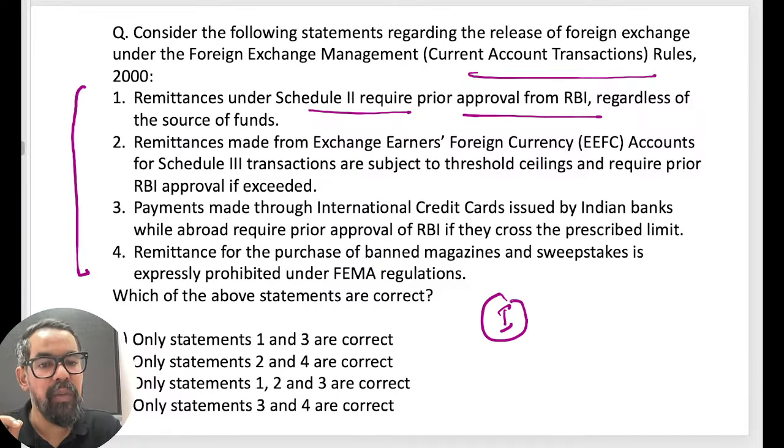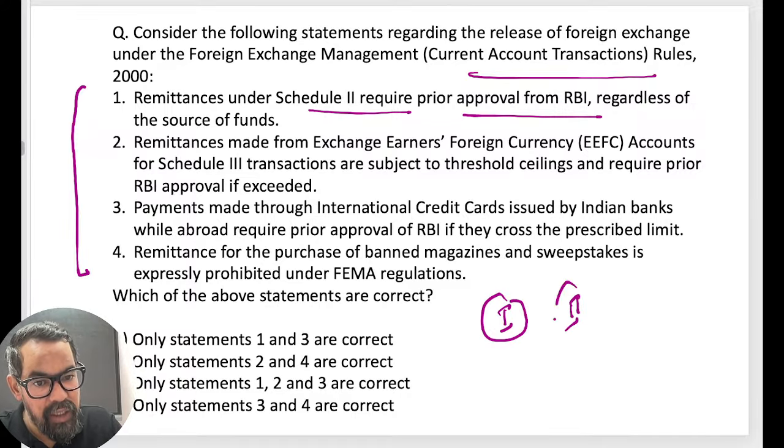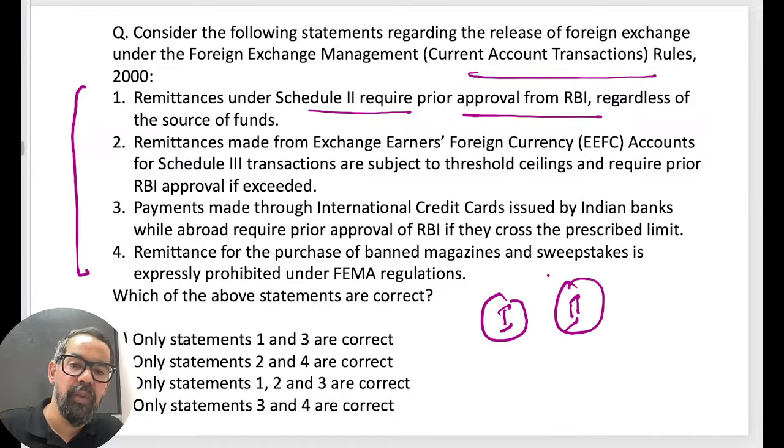First one is prohibited. ठीक है. Schedule 1 is the areas which are prohibited. For those purposes you cannot remit money outside India. Second one is where we require prior approval, but that prior approval is not from RBI. It is generally from some ministries and departments.